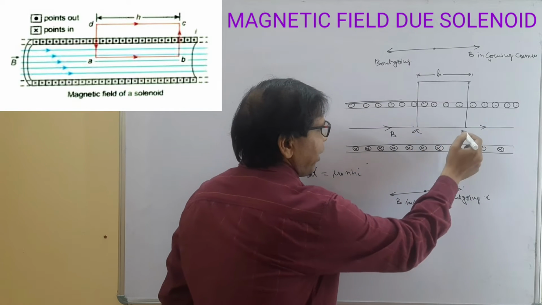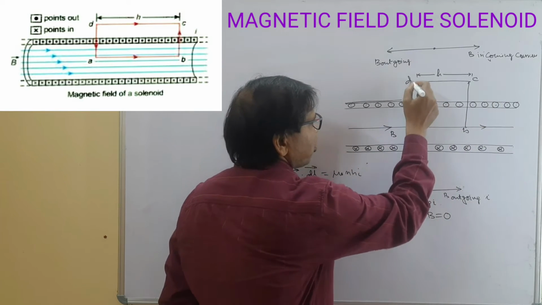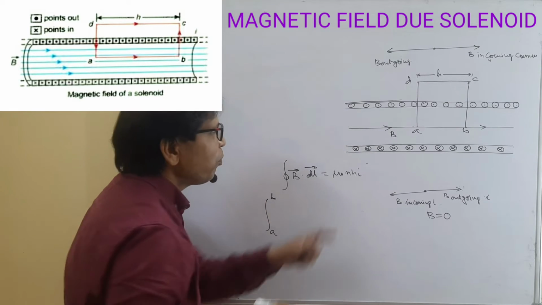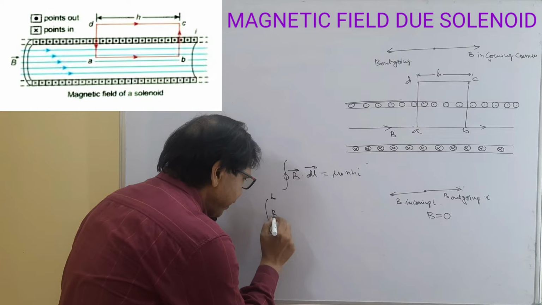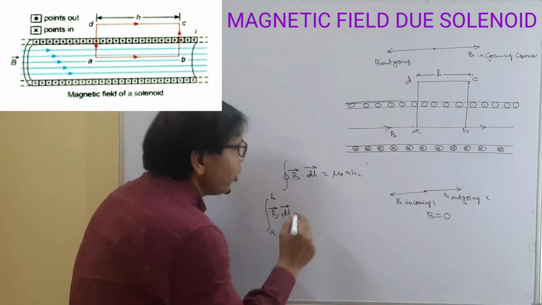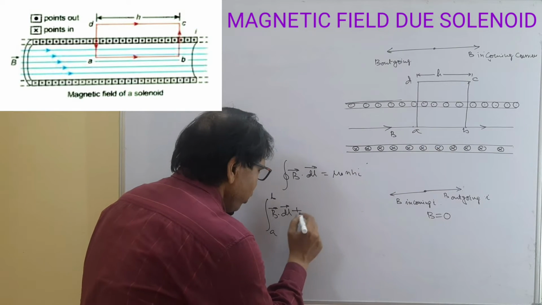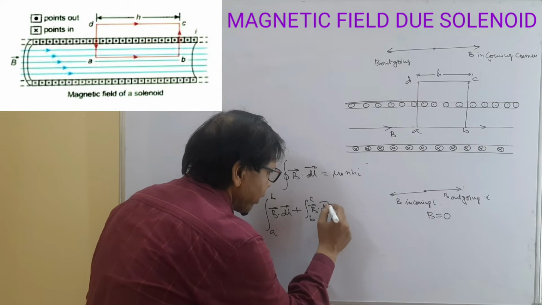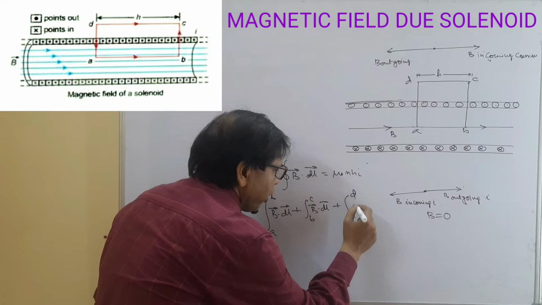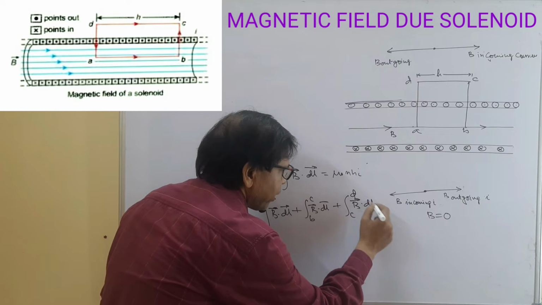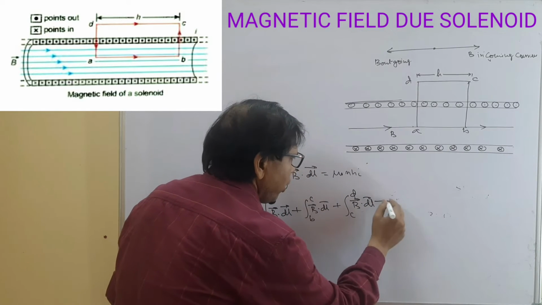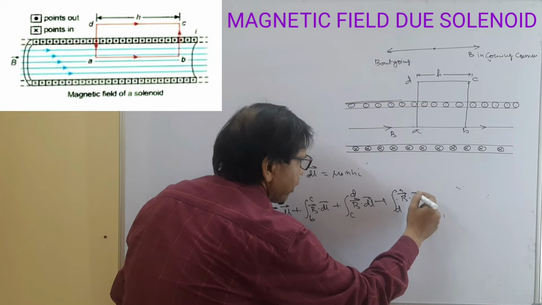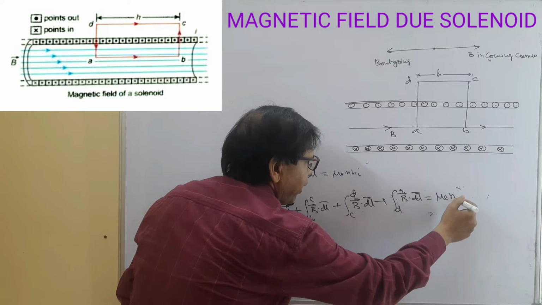This is A, this is B, this is C, this is D. From A to B, B vector dot dl vector. From B to C, B vector dot dl vector. From C to D, B vector dot dl vector. And finally D to A, B vector dot dl vector. The sum is mu naught n h I.